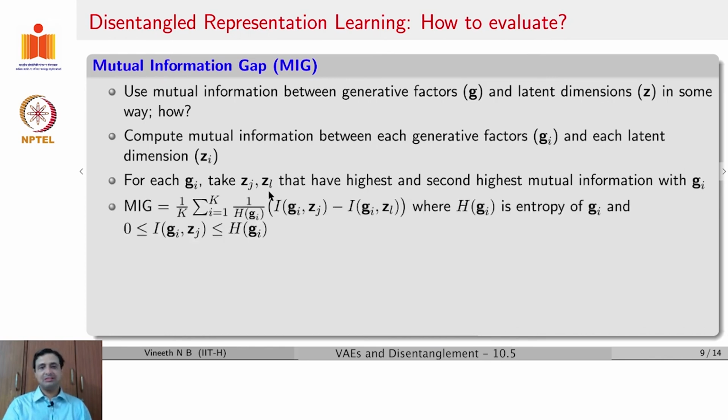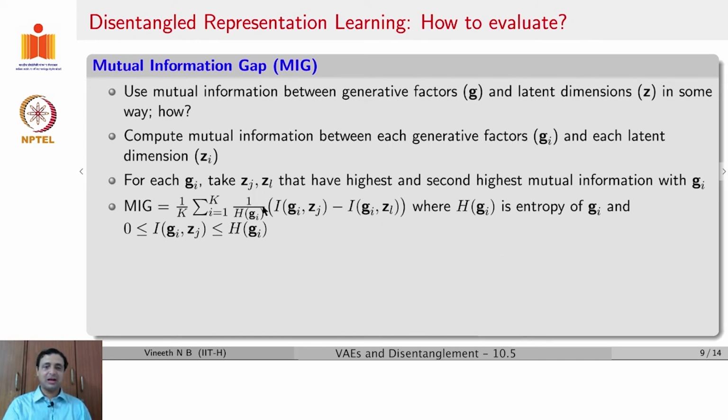Once we have this, we define the mutual information gap as the difference in the mutual information values between these top two latent factors. So mutual information of Gi with zj minus Gi with zl is going to be the mutual information gap with some normalization factor on the outside.